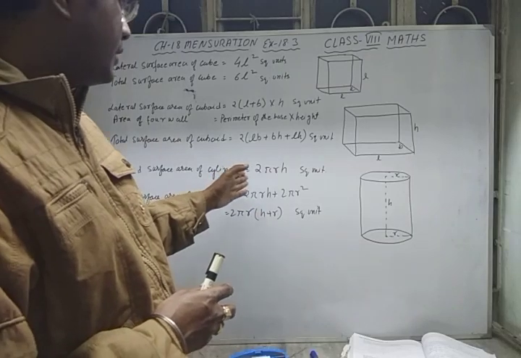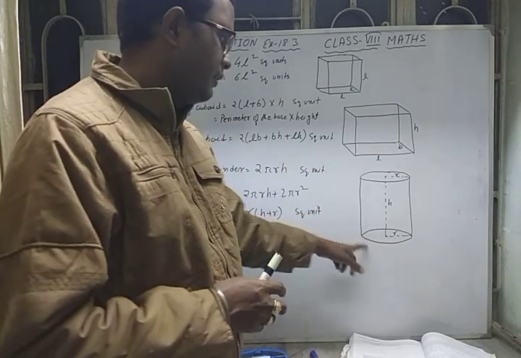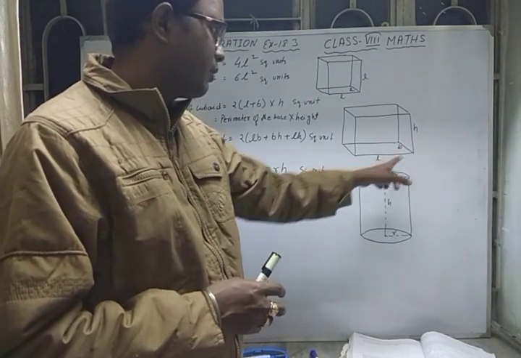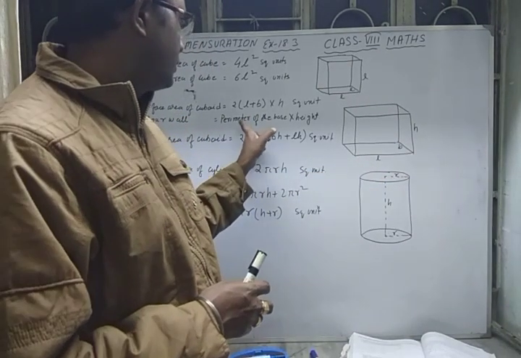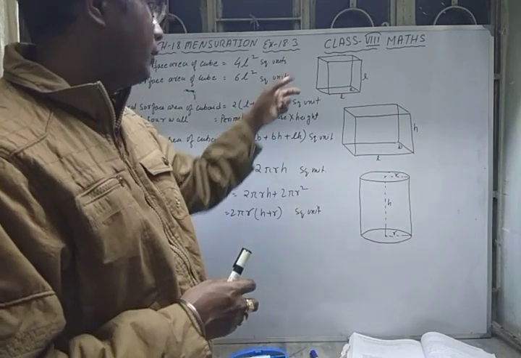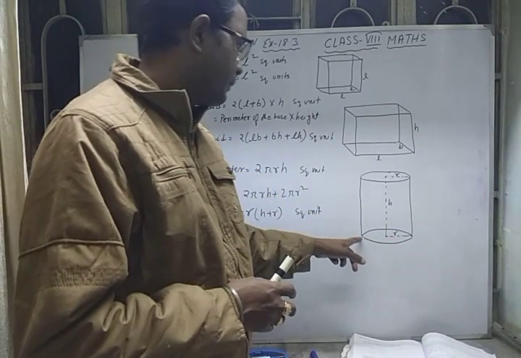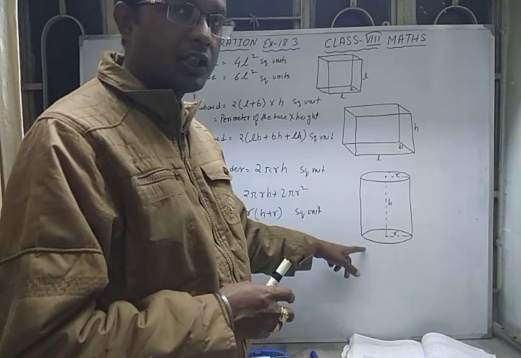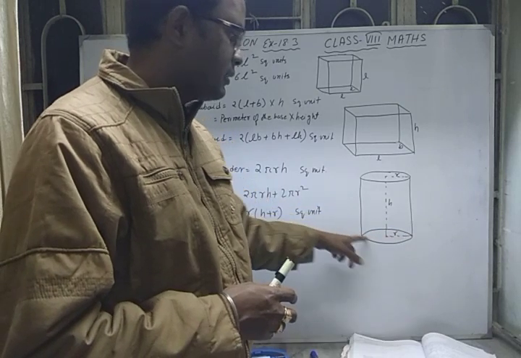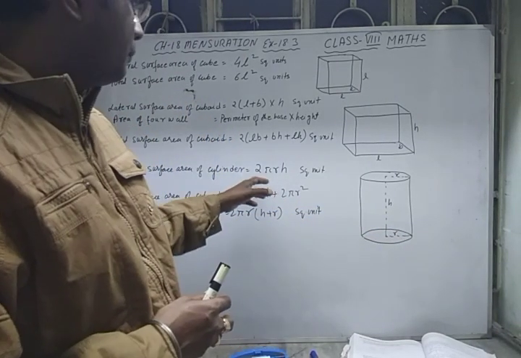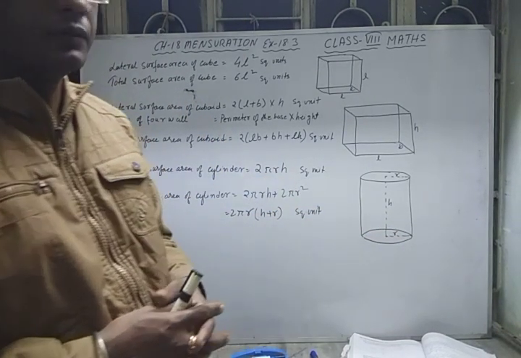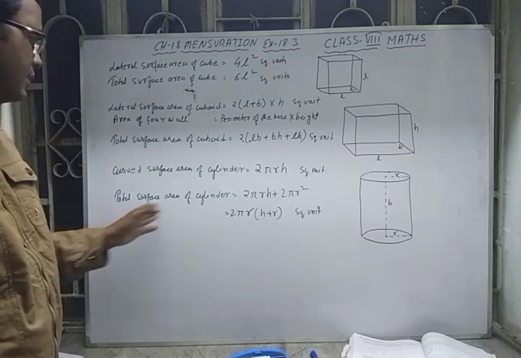The curved surface area of a cylinder is the perimeter of the base into height, as in the case of a cuboid, perimeter of the base into height. Here also, the perimeter of the base is circular in shape, and the perimeter of a circle is 2 pi r. So 2 pi r into h. Next, the total surface area.